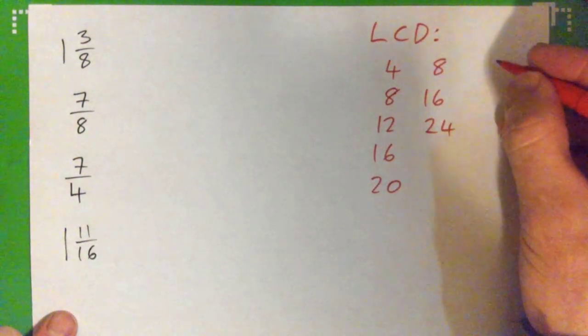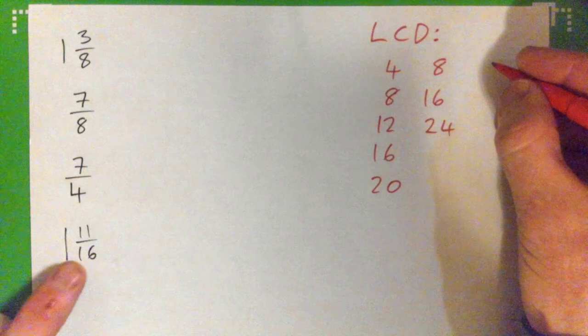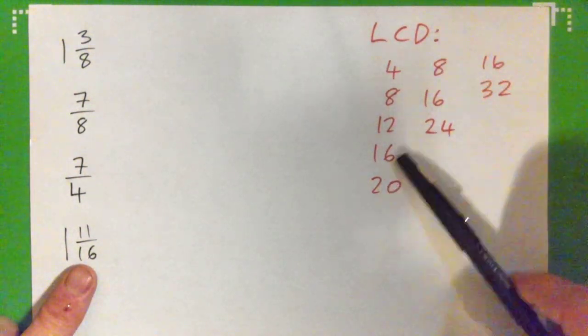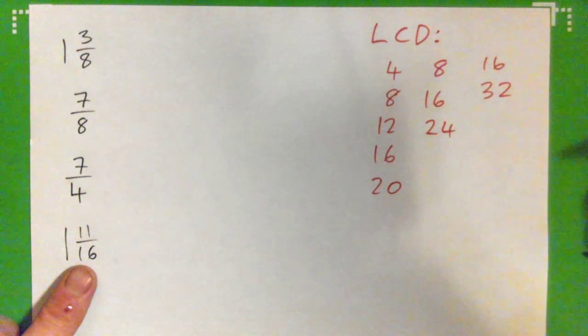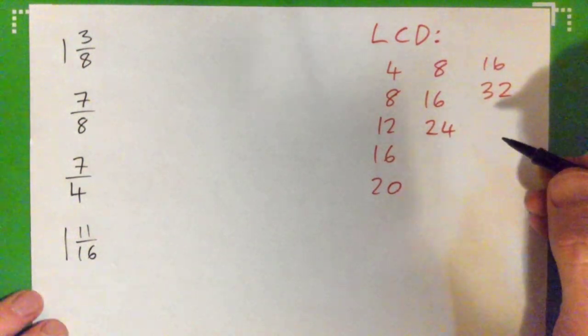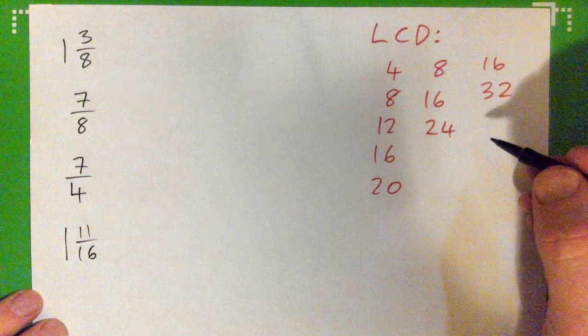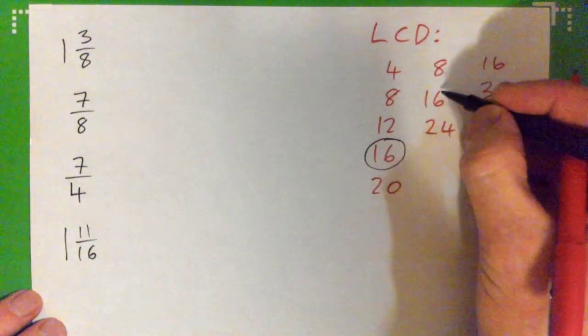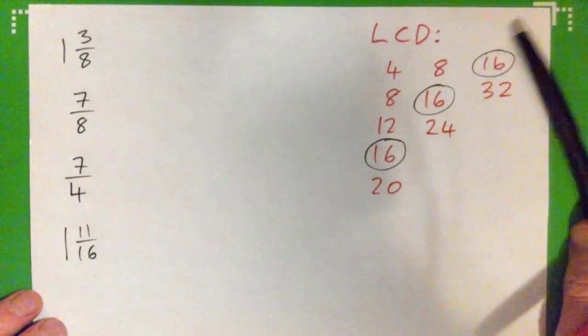And then list multiples of 16. 16, 32, and so on, right? So what's common to each of these lists? What's the first number that comes up? The lowest common multiple. 16. They will all go into 16.